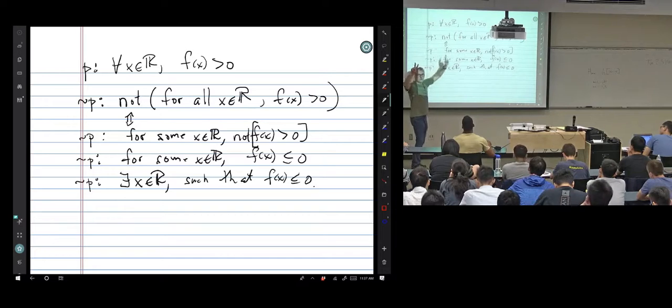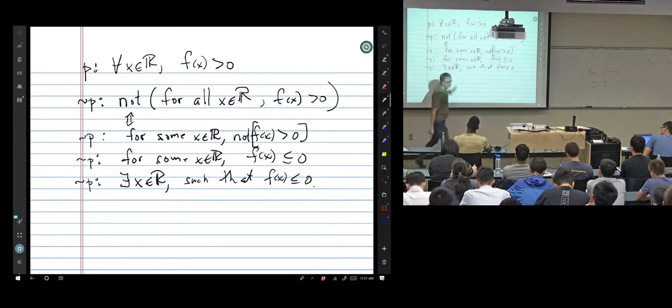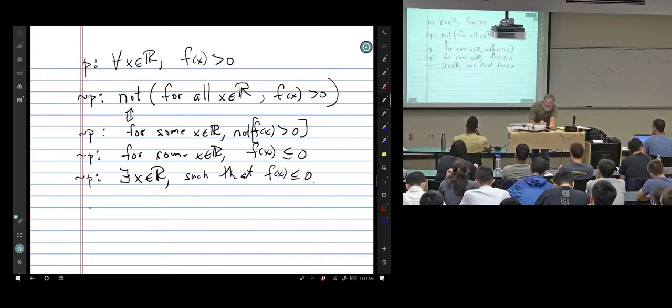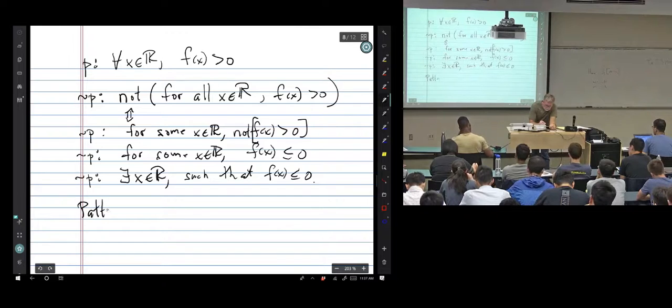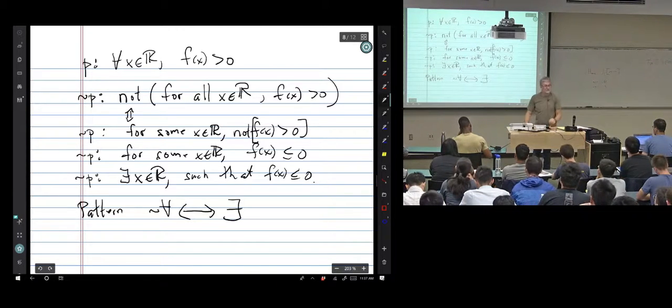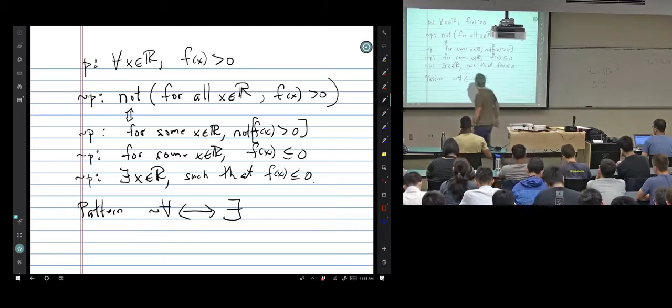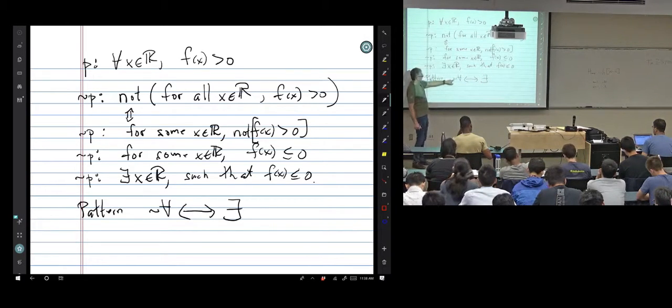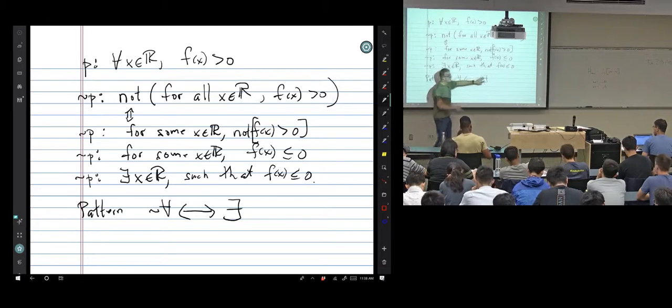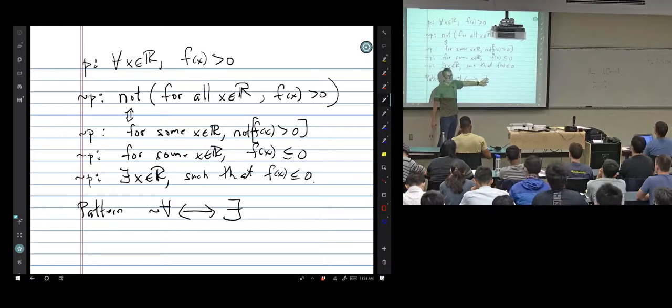Okay, so this was now compound. There were 2 terms here. When I just had x bigger than 0 and I negated that, nobody had any problems. So this one, notice the pattern though. Not of this goes to there exists. If it's not true for everything, then there must be some element that makes it false.